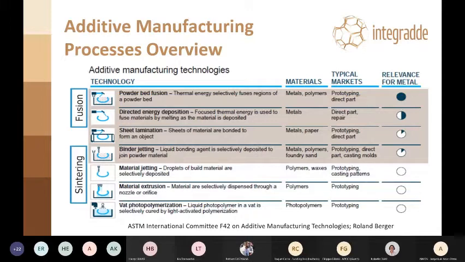Also by direct energy deposition, but also by sintering, like binder jetting using a binder, and then subsequent processes like eliminating this binder and then sintering of the part.